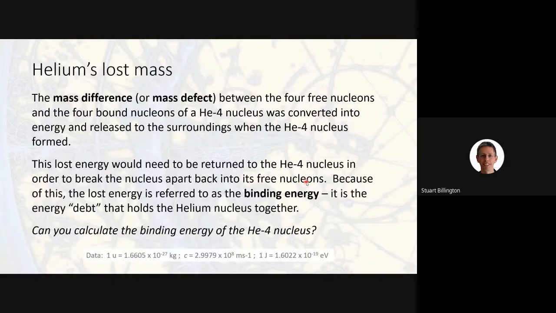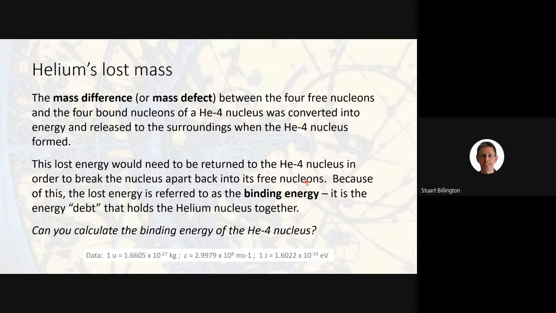So could you please, using Einstein's formula, E equals mc squared, work out for me how much energy was lost when the helium formed? Your mass is going to begin life as atomic mass units, 0.03035. And I'd like your energy to end up as electron volts, please, which is our other very small unit, this time for energy.